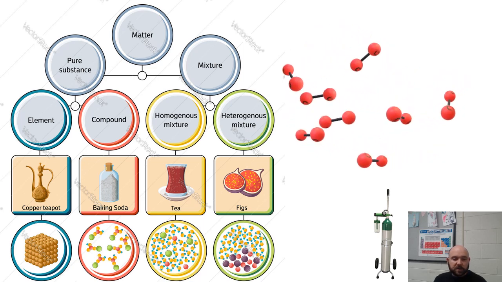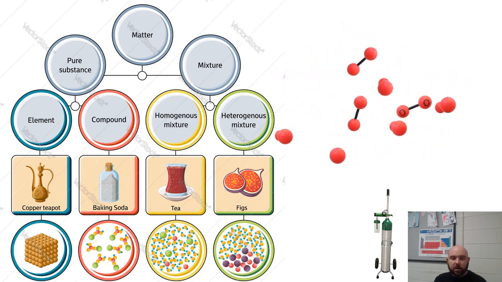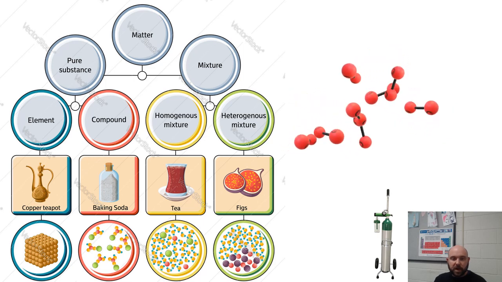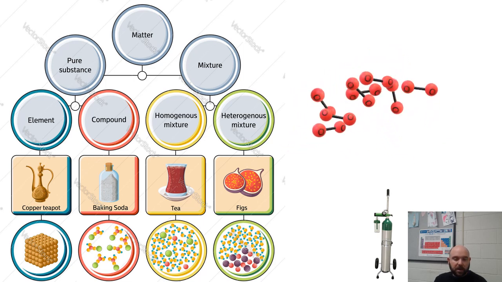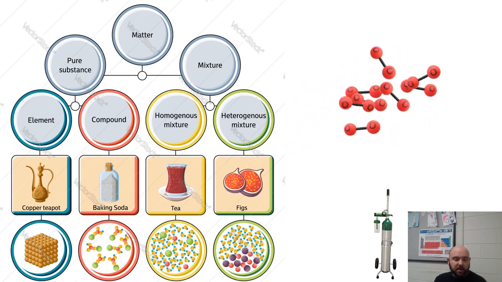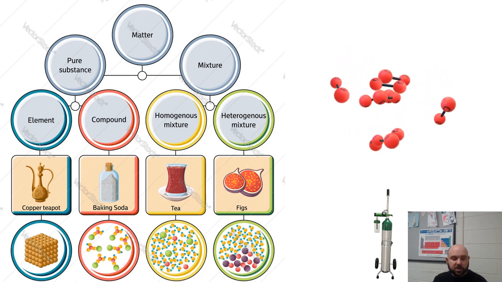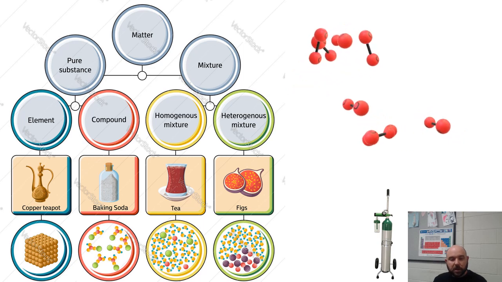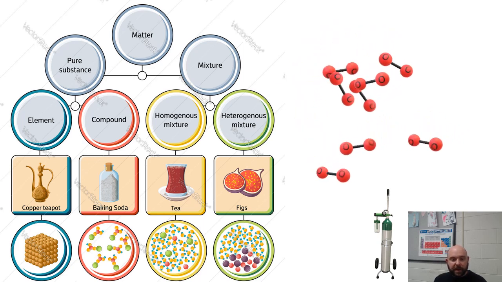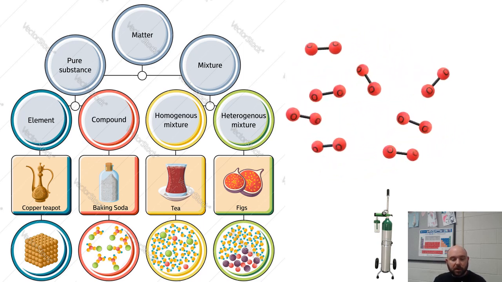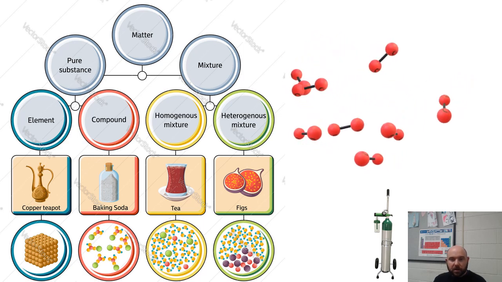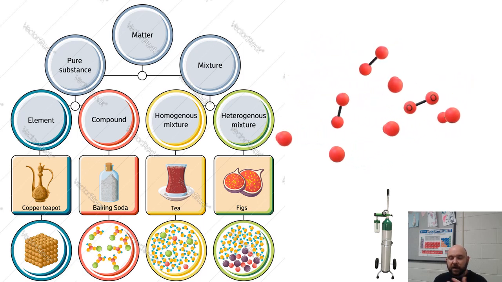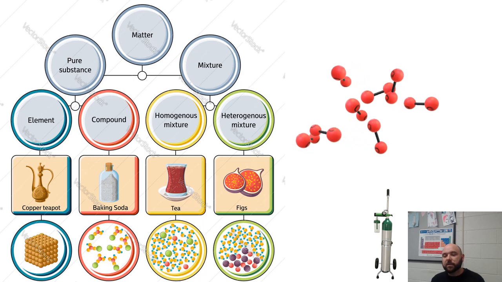The elements will be things that are all composed of the same type of atom. The example that the chart there gives you is a copper teapot. It would be nothing but repeating copper atoms making up that elemental copper teapot. The example that I have floating around here would be elemental oxygen.